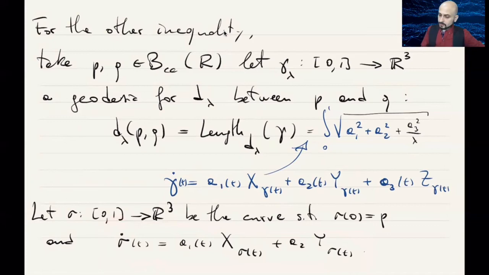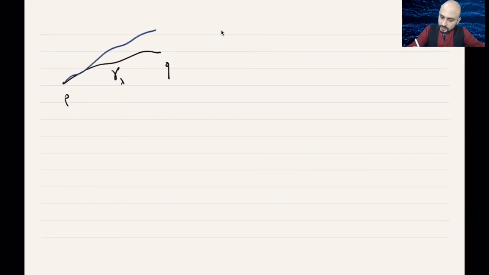Okay, but now what is the picture that we have? Let's draw a picture. So we have P, we have Q, and then we have the geodesic gamma lambda for the distance d lambda. Now we consider a curve that has the same derivative with respect to X and Y in the direction of X and Y, and this is going to be another curve, called the curve sigma. Sigma has by construction the same initial point, but the final point is going to be different.